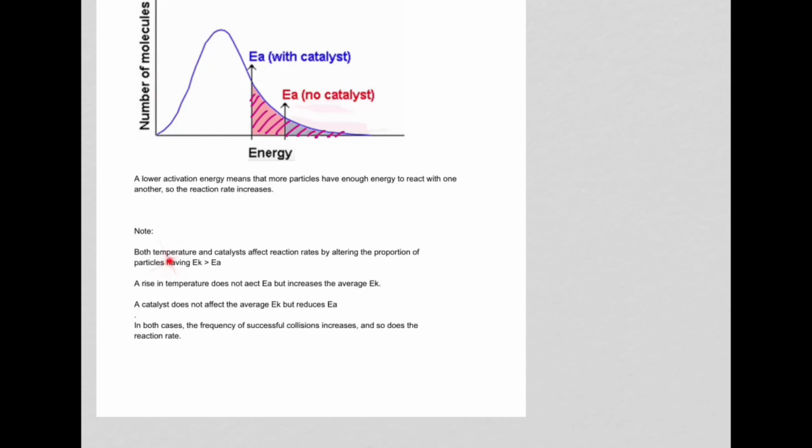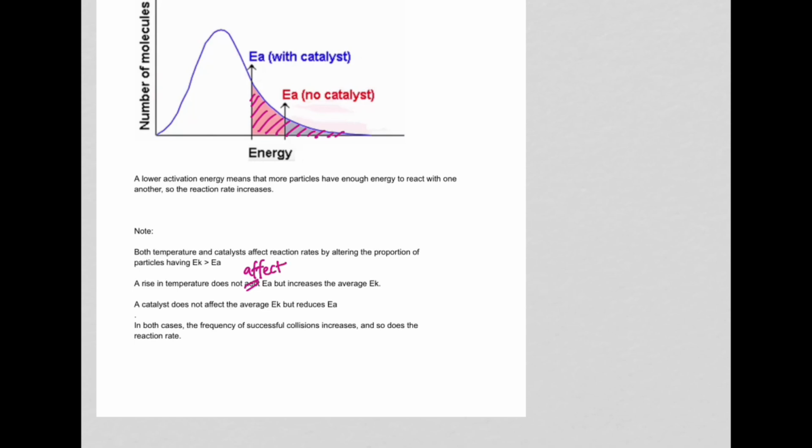Now, both temperature and catalyst will affect rate of reaction by altering the proportion of particles having kinetic energy greater than activation energy. This means that temperature and catalyst will affect the number of particles in this region. A rise in temperature will not affect activation energy, but it will increase the average kinetic energy of the particles in general.